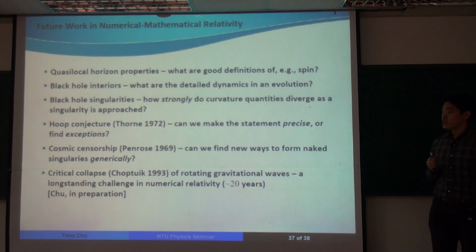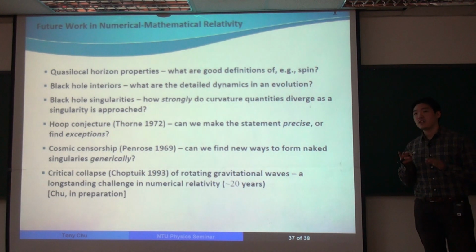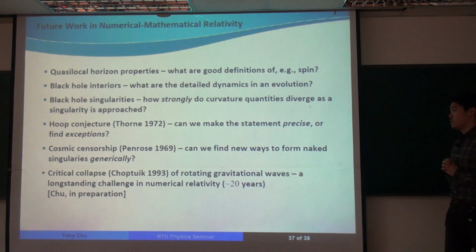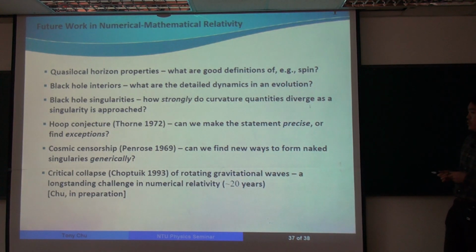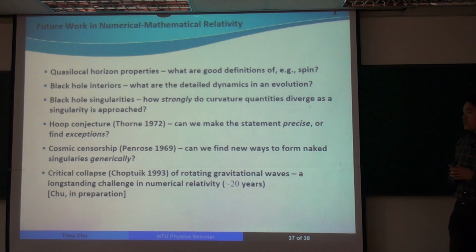And in critical collapse, basically a phase transition occurs in your space-time, analogous to phase transitions in statistical mechanics, which is quite an interesting thing. But Choptuik did his work for spherically symmetric massless scalar fields, and there has been very little work to go beyond spherical symmetry.